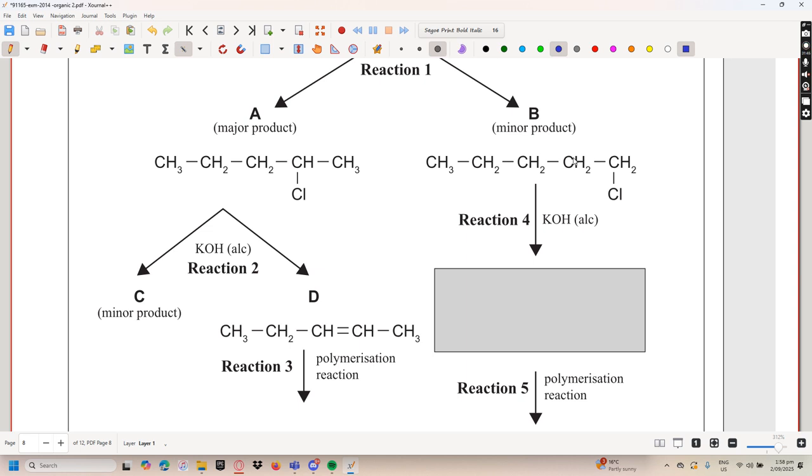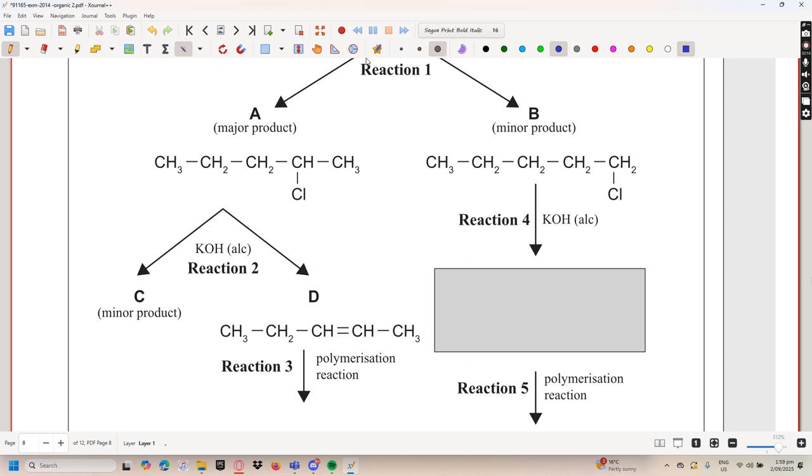Now, when you add alcoholic potassium hydroxide to a haloalkane, a halogenated alkane with a special group on it, it eliminates it back to an alkene.